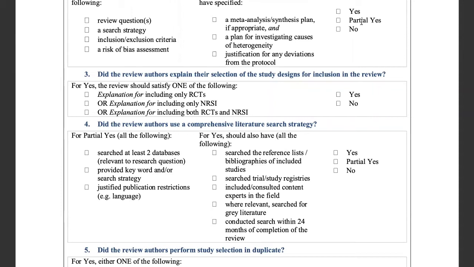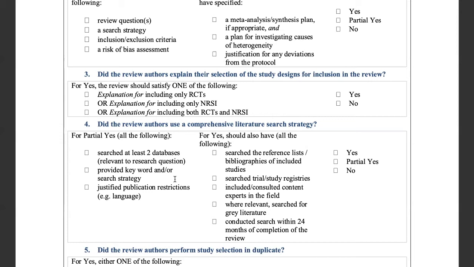The next question is regarding the search strategy. So did the review authors use a comprehensive literature search strategy? We also have yes, partial yes, and no as options. And for partial yes, the authors need to report that they did conduct a search on at least 2 databases that were relevant to the research question. They also need to report that they provide keywords and or search strategies.